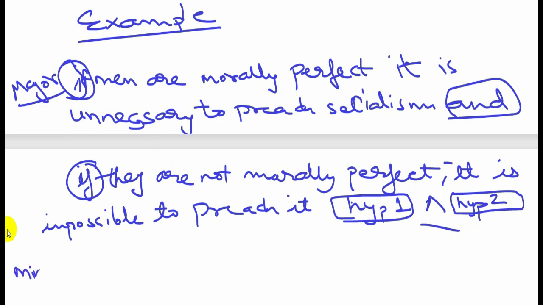Next rule was about the minor. Minor is formed by disjunction, either affirming the antecedent or denying the consequent. So either men are morally perfect or not.